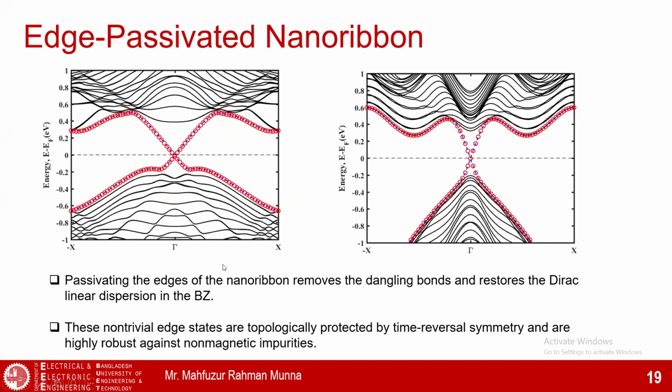So this is the electronic band structure for the passivated armchair nanoribbon, and this is the electronic band structure for the passivated zigzag nanoribbon. As you can see, if we passivate the edges of the nanoribbon, the Dirac linear dispersion arises around the Fermi level.